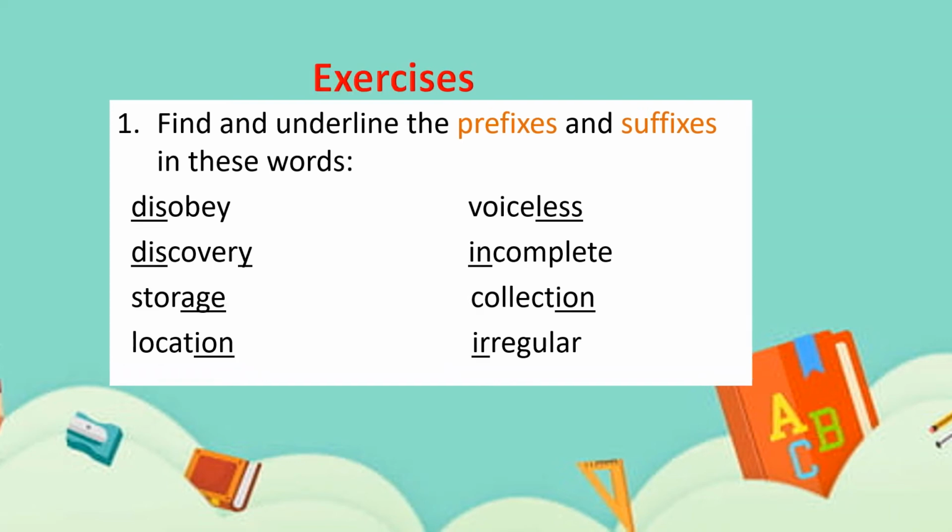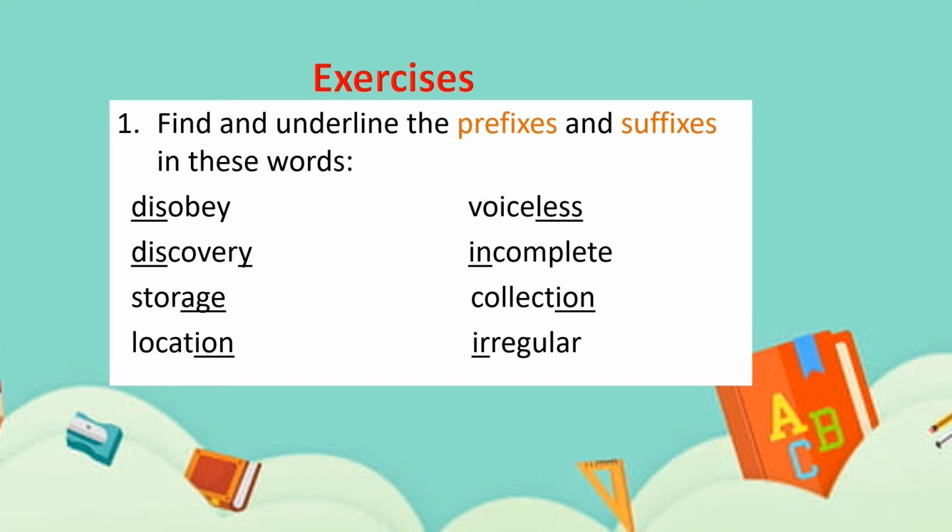Here is the answer of these exercises, and I'm sure that you answered it well because it's very easy. Now the word disobey has a prefix dis, where the stem of the word disobey is obey.